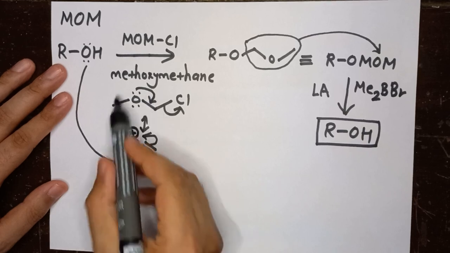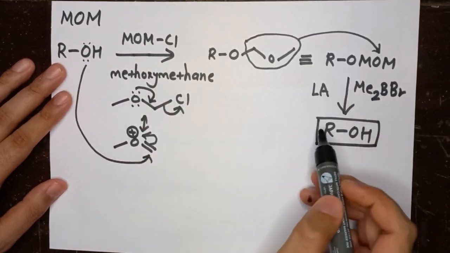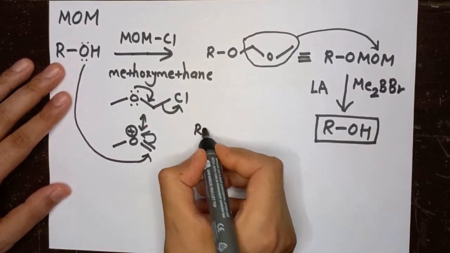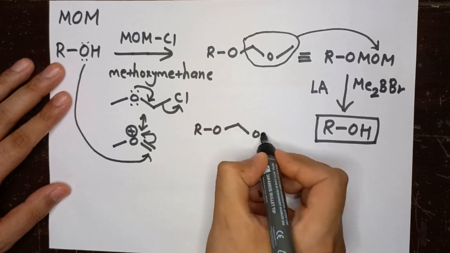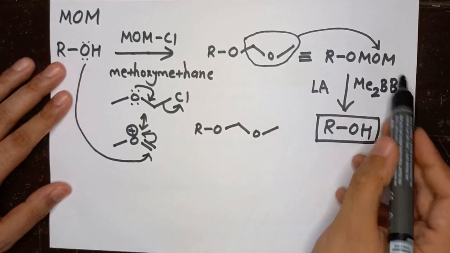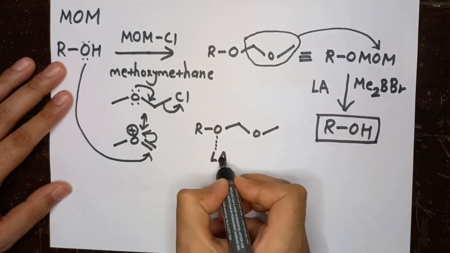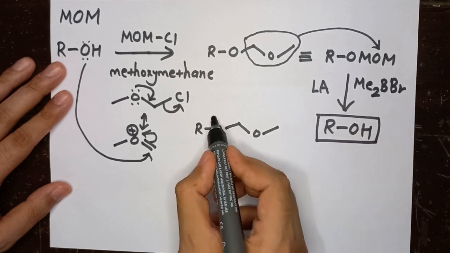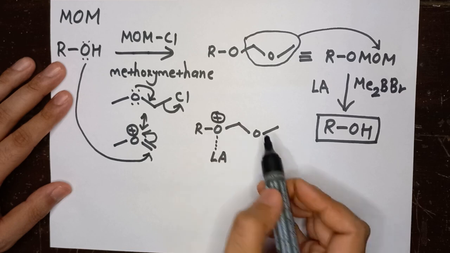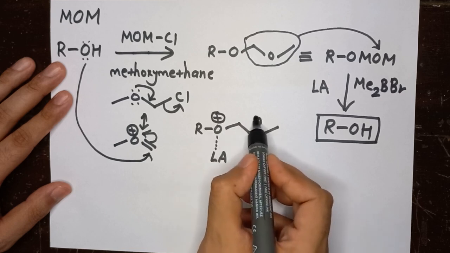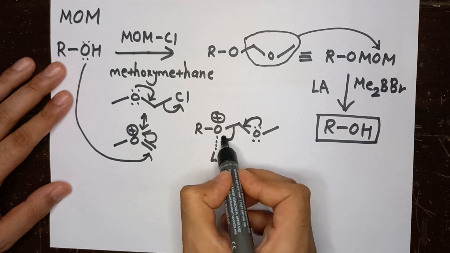So we talked about protection mechanism. What is the deprotection mechanism? So this is my protected product. So this Lewis acid will chelate with this oxygen, okay, and it will form a carbocation here. Then this oxygen lone pair will form double bond here, and this whole group is going to leave.